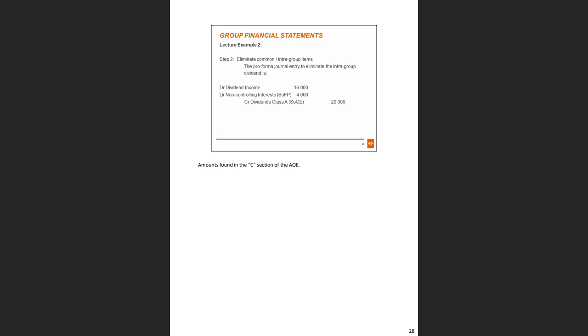Remember, S declared a dividend of 20,000 Rand. 80% of this belongs to P and 20% belongs to NCI. But remember, the 80%, being 16,000 Rand, is an intragroup dividend, okay?